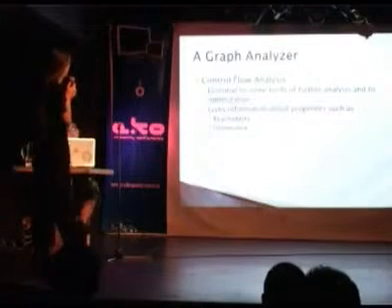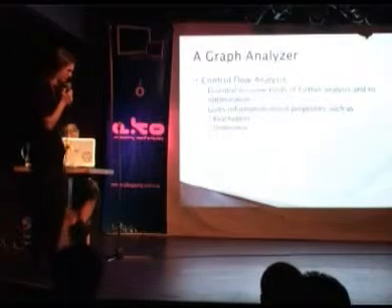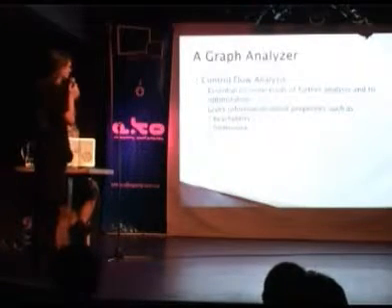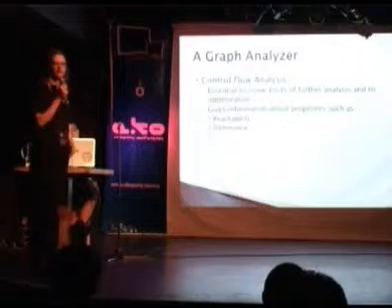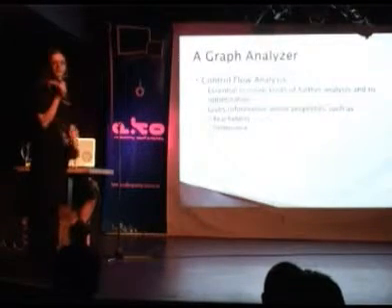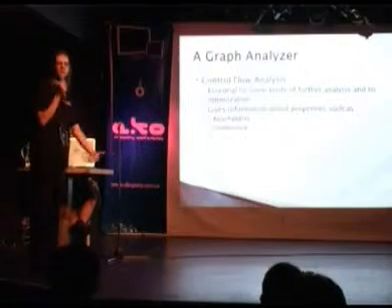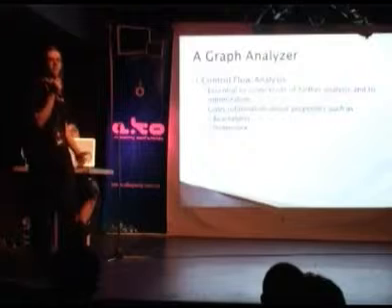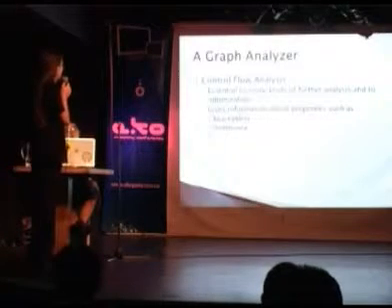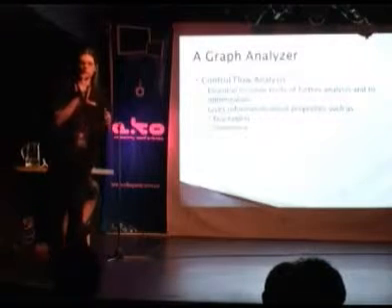So, as I said, we have a graph analyzer. Actually, it's a graph builder to build control flow graphs, which are used by control flow analyzers. Control flow analysis is essential to some kind of program analysis techniques, and it gives information about properties such as reachability or dominance.